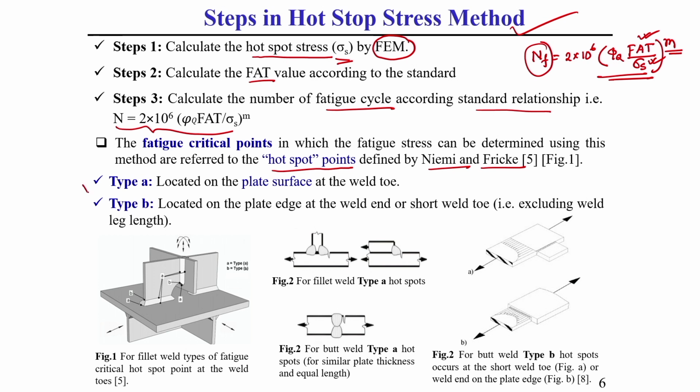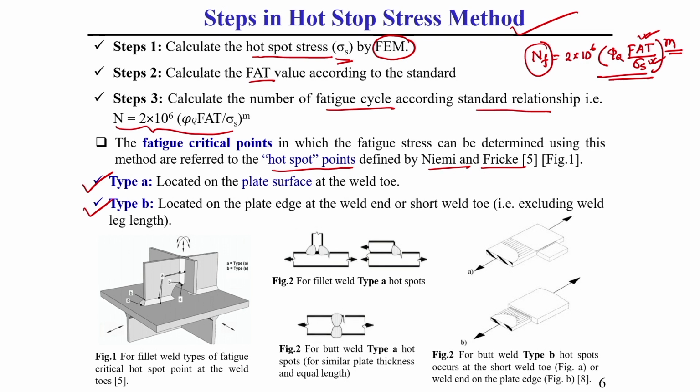One is called type A category, another one is called type B category. What is type A and what is type B, we need to know, because based on this we will show you how to estimate the hot spot stress.